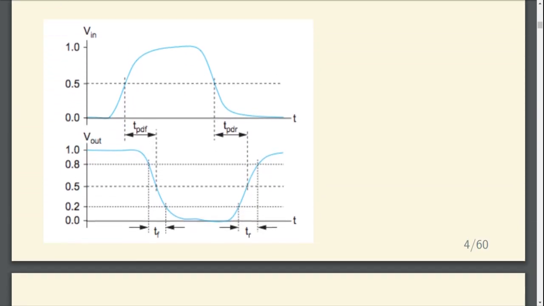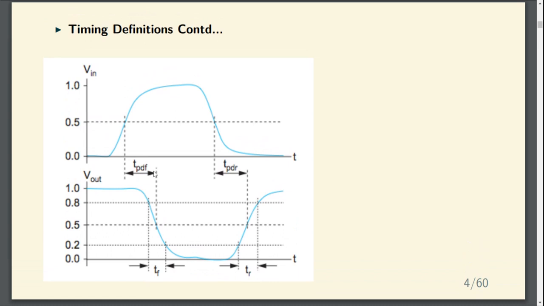So this is a pictorial representation of the things that we discussed. TPD, PD is generally propagation delay, and we have added this F to show falling. And again, this is also propagation delay, but rising. Most important to note, this is between two waveforms.